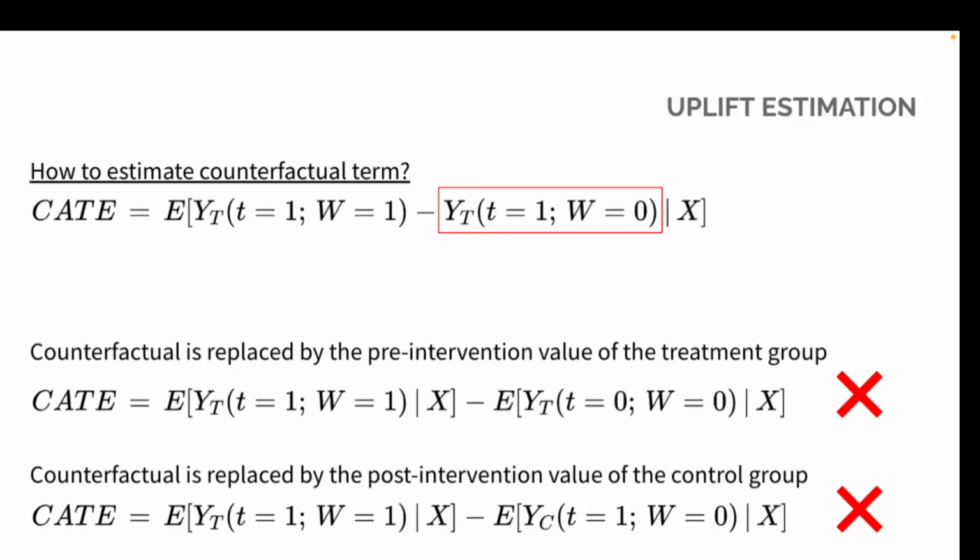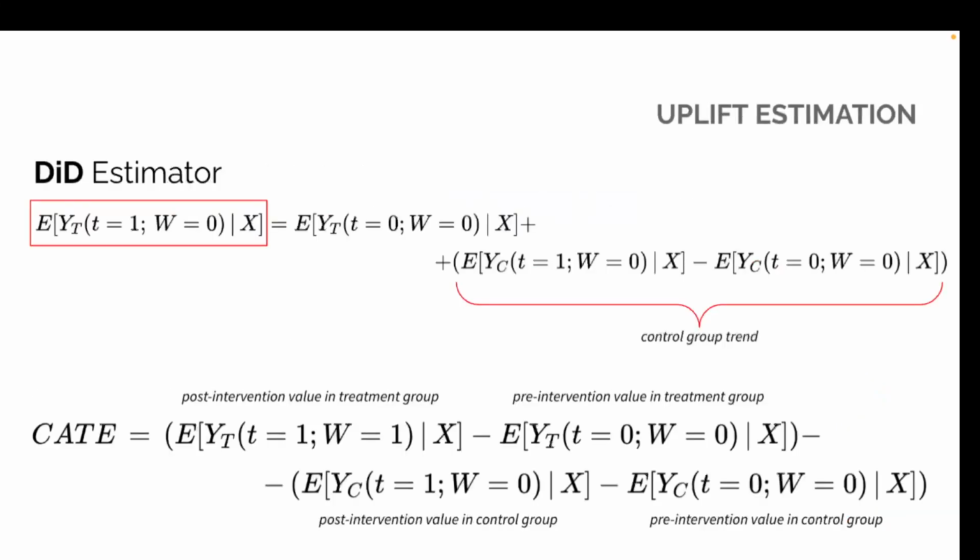First is treatment, second is control, so this is an approximation in the space dimension and not time. So people usually combine these two approximations into a single one. That one is called the DID estimator, which stands for difference in differences. In short, it's DID.